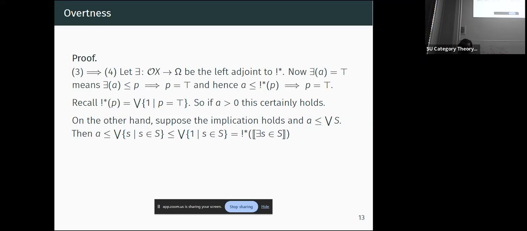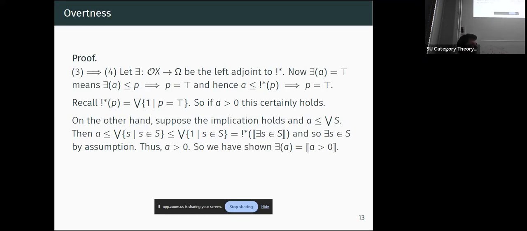So this is shriek star applied to the truth value of S being inhabited. And so by our assumption, this must be true, right? We have that A is less than or equal to shriek star applied to something, so that thing must be true. So it must be true that S is inhabited. But that's exactly what positivity means. So A is positive. And so we've shown that what this adjoint does is measure the degree to which things are positive.